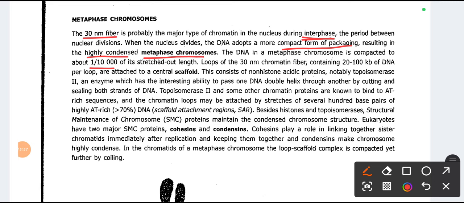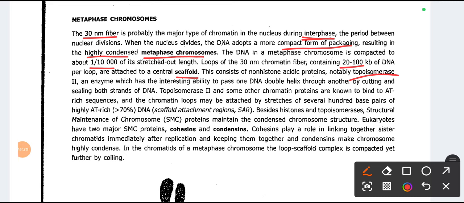Loops containing around 20 to 100 kb of DNA per loop are attached to a central scaffold. This scaffold consists of non-histone acidic proteins, notably topoisomerase 2.